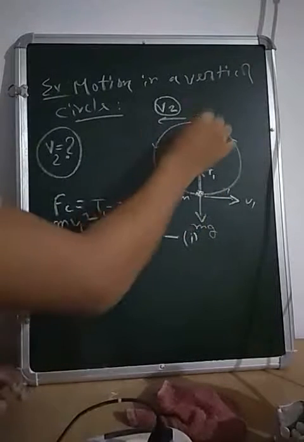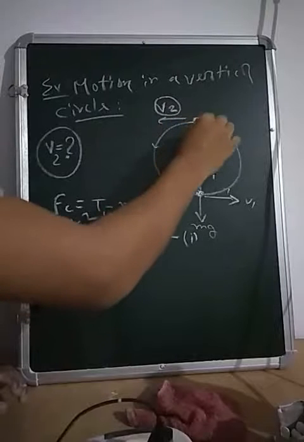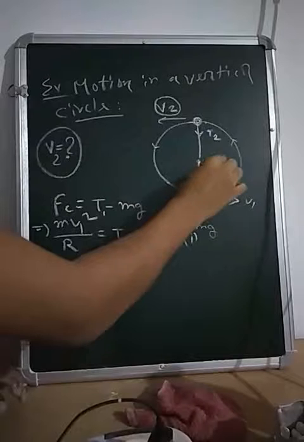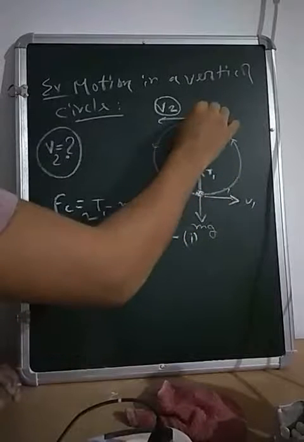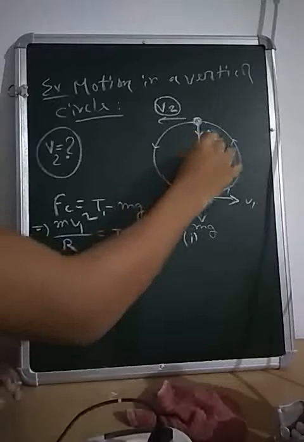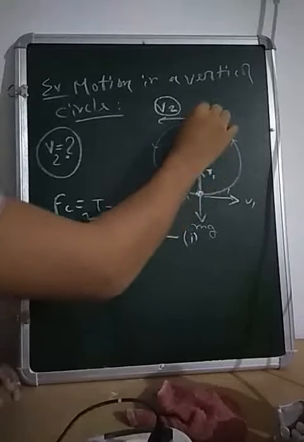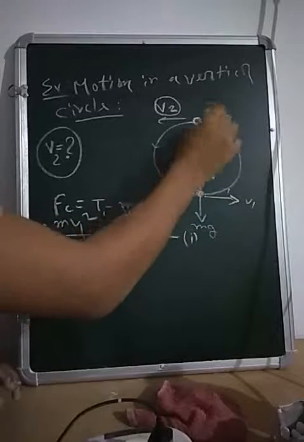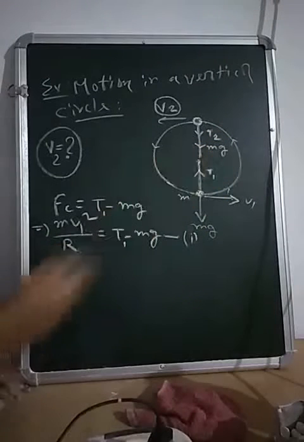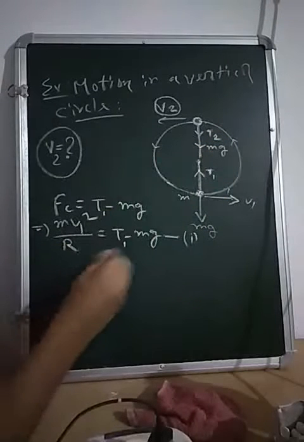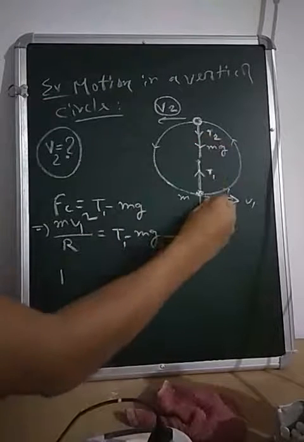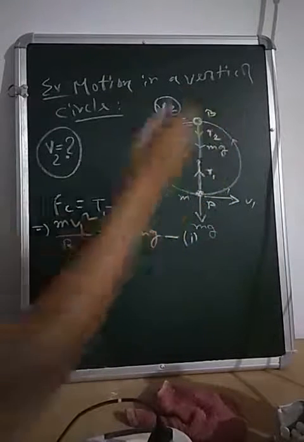So I consider the tension at this position to be T2 and at the other position to be T1. The centripetal force is towards the center, and the forces exerted at this position are T2 and mg.